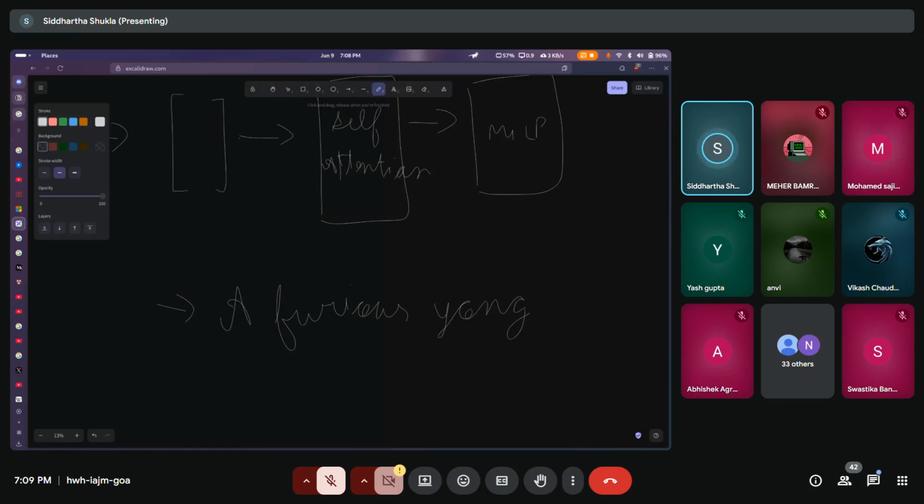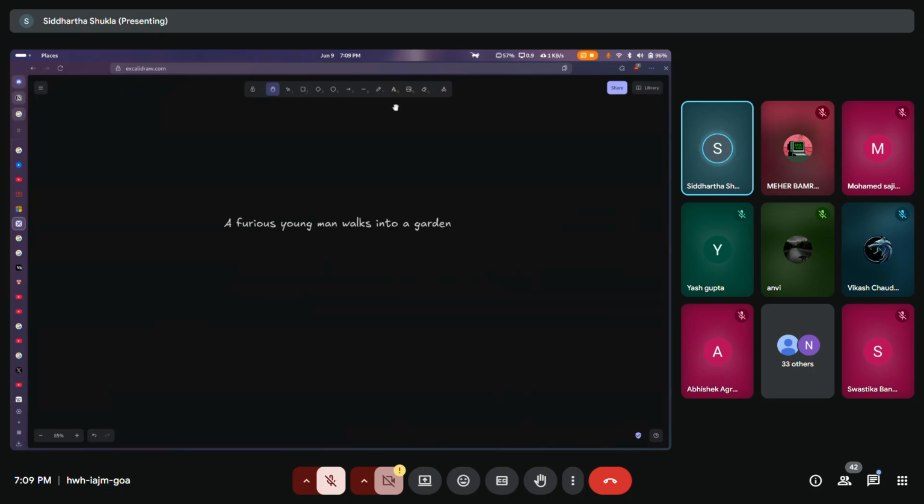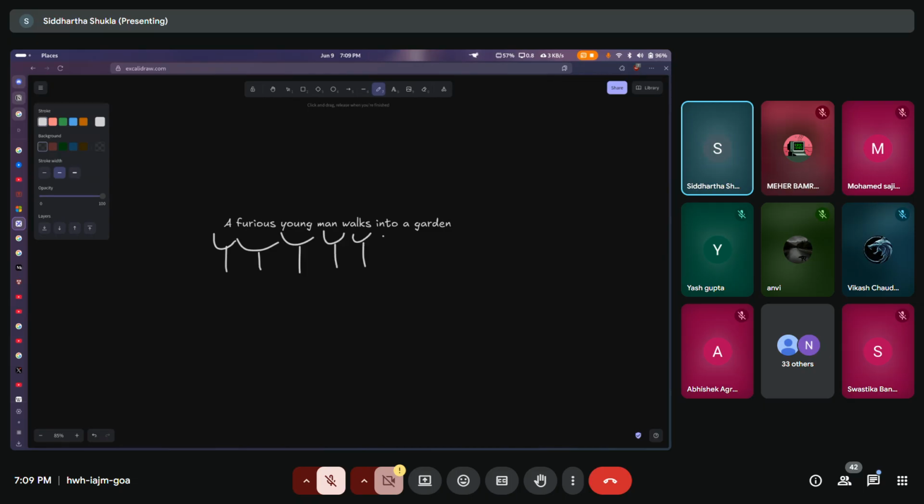So this is our sentence that gets tokenized. Right now I'm not going to deal with the actual tokenization of it. I've already told you how it works, but let's say all of these are individual tokens, and they get passed into the self-attention layer.